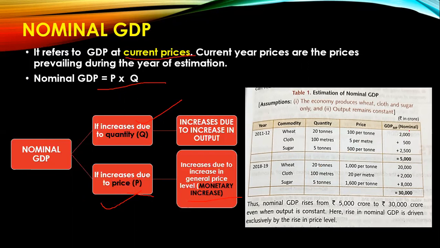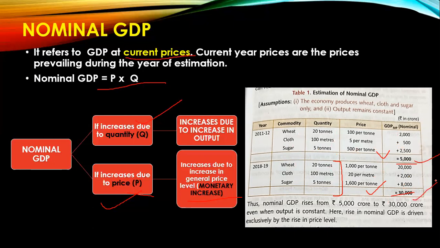Now, let's see this table as well. The economy is producing three commodities: wheat, cloth, and sugar. You can observe that the quantities being produced in 2011-12 are exactly the same as in 2018-19. However, the price level has changed. Now, whoever looks at the values will see GDP in 11-12 is 5,000 and now it's 30,000.